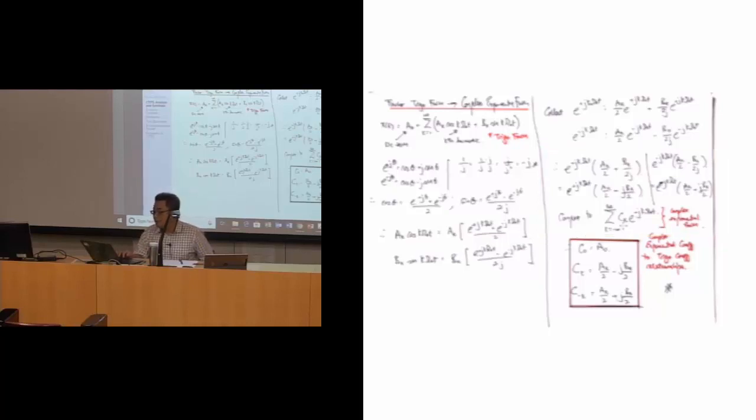So to repeat, the proof going from a trigonometric form to a complex exponential form is nothing but a substitution of the various identities, grouping the expression of the positive complex exponential frequency and the negative complex exponential frequency, and identifying the relationships of the ak's and bk's to ck, and we have this expression.